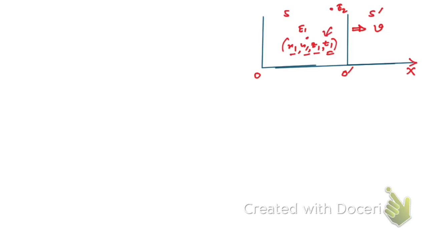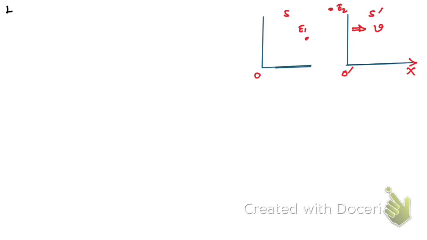Similarly, for event E2 we take x2, y2, z2 and t2. According to the other frame of reference, their coordinates will be different, x1 dash, x2 dash, and so on. I'm not going to mention these coordinates here because there is not enough space, but I will mention them shortly.